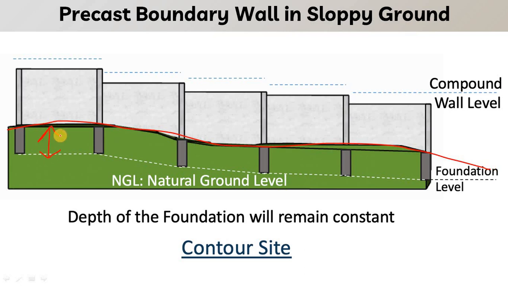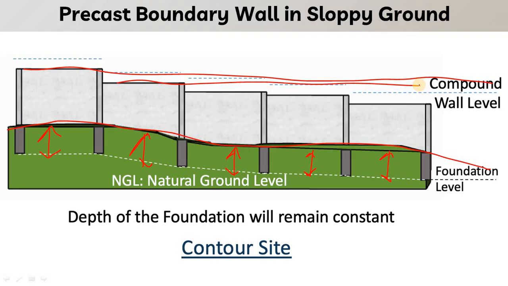You can see the depth of the foundation remains equal below the ground level, but the boundary wall level is changing. This kind of boundary wall in contour site is known as steps in the boundary wall. This is how it can be erected in case of sloping ground.